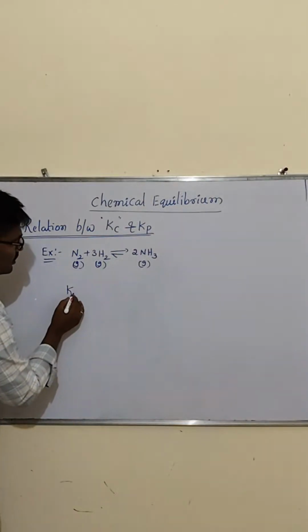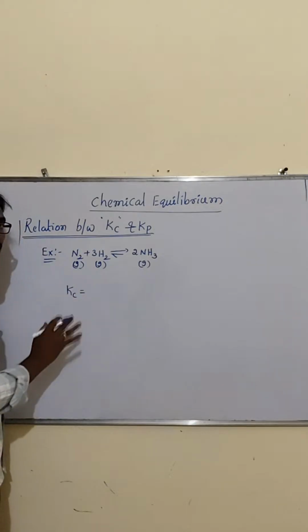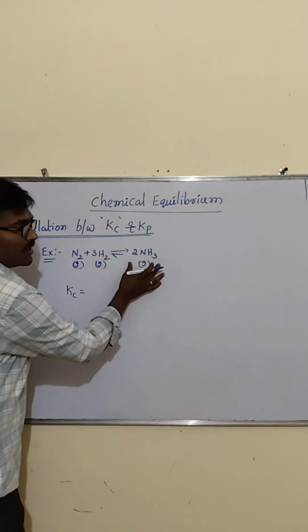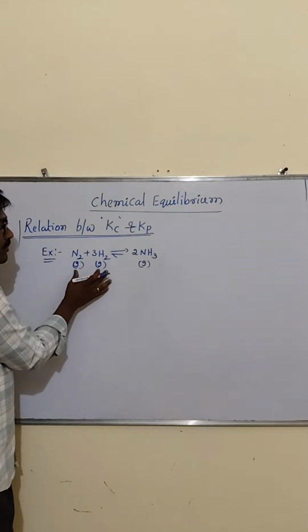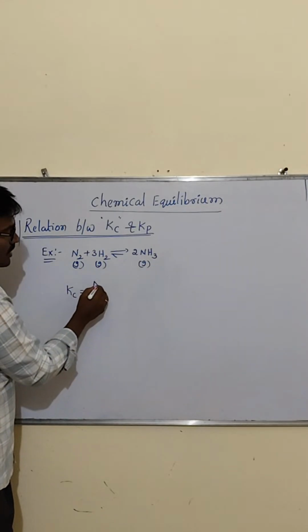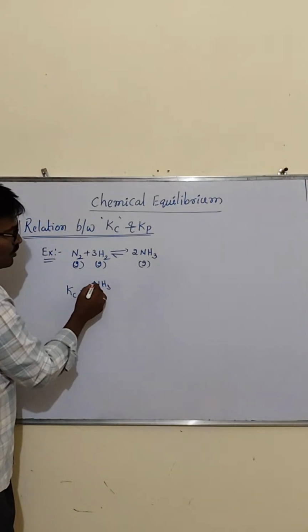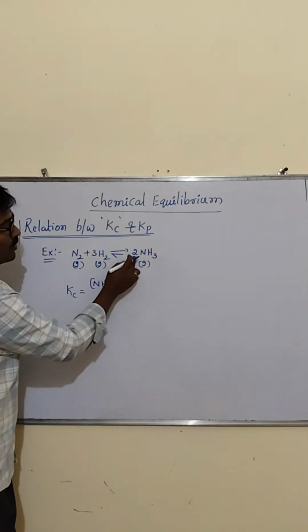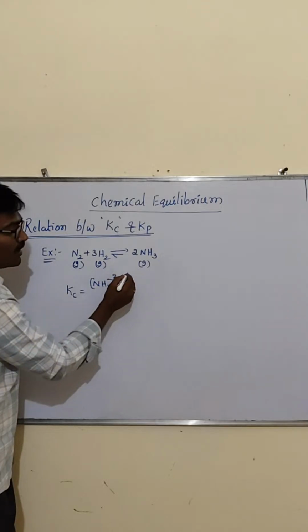what do you have to write? Products' concentration divided by reactants' concentration. What is the product? Ammonia will be there, and the stoichiometric coefficient you have to take as the power.